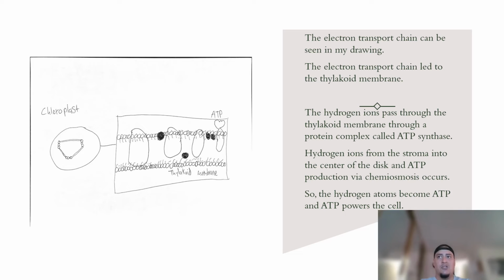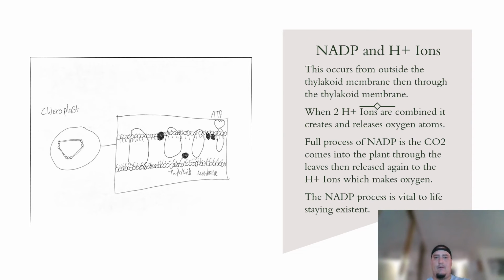So essentially the hydrogen ions become ATP, and the ATP powers the cell. NADP and H plus ions occur from outside the thylakoid membrane, then through the thylakoid membrane. So it gets transferred through the chloroplast into the thylakoid membrane.